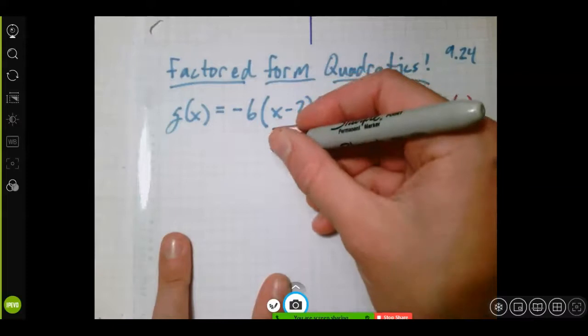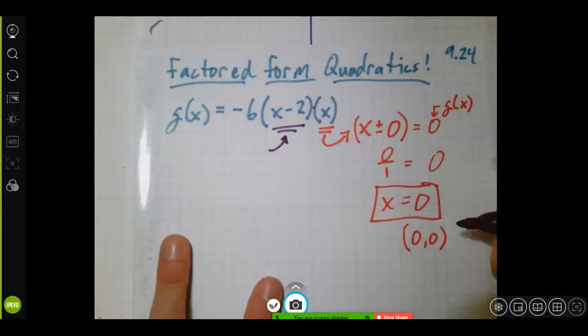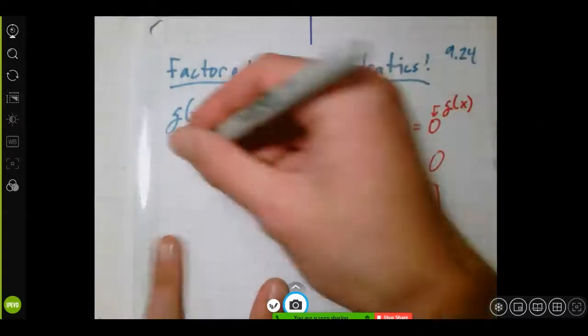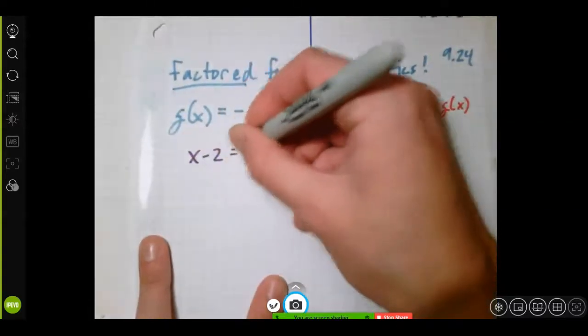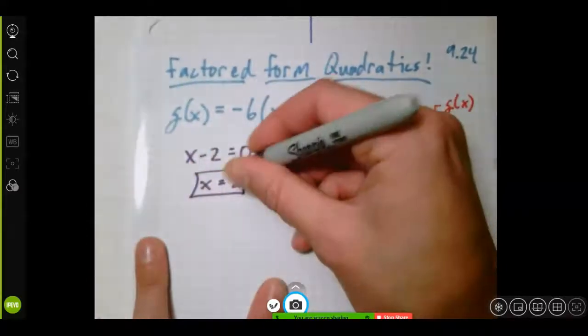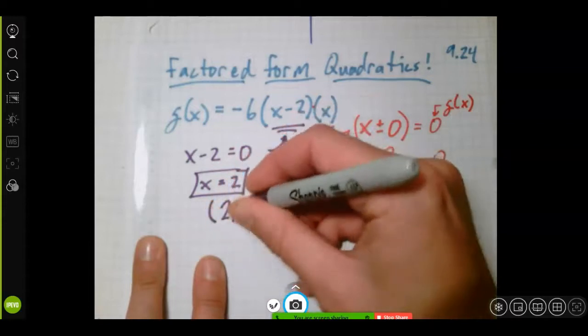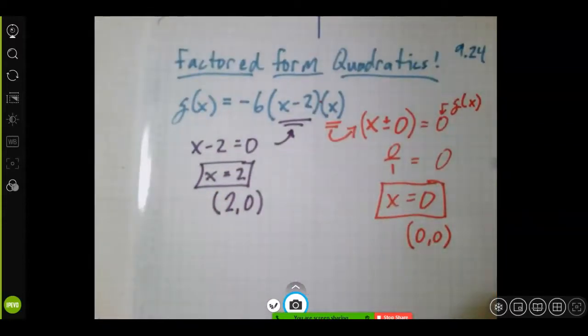Somebody else, not Kaylin, tell me what the 0 is from this factor. Or just on mute, anybody? 2. Yeah, 2, because if we did x minus 2 equals 0, then we would add 2 to both sides and x equals 2. And again, that was when we made y 0. So we get 2, 0 from there.